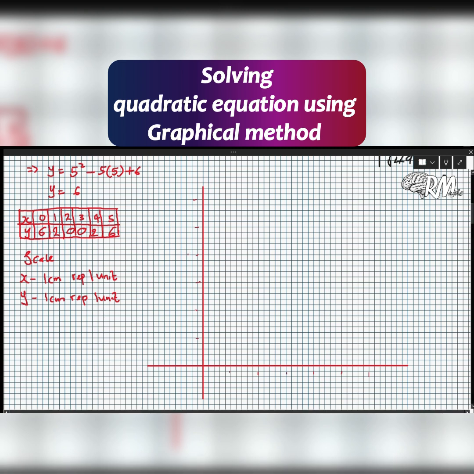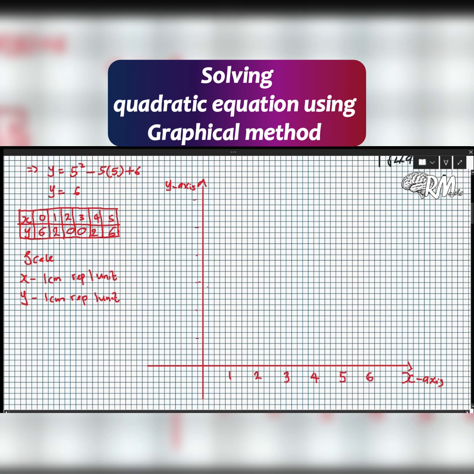Now we're going to number our graph. Remember, this is the x-axis and up here is the y-axis. So at the x-axis we have 1, followed by 2, 3, 4, 5, 6.